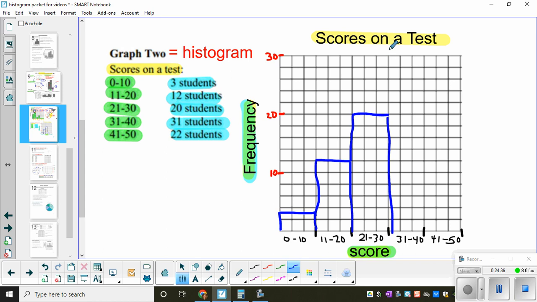Now this one's going to go off the chart, just barely though, because remember this went up to 30. So if we extend off the chart a little bit, that's the 31. And for the last category, 41 to 50, there were 22. So here's the 20, and then up would be 22.